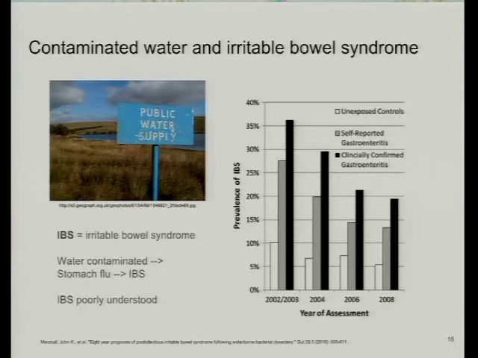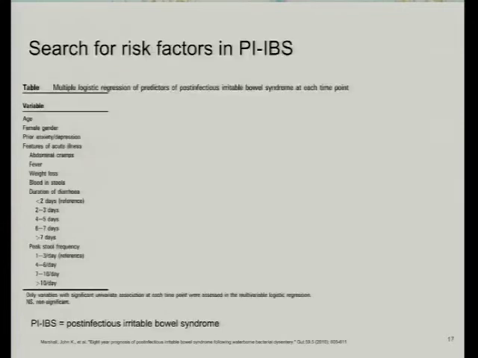Again, I mentioned that at the time, people didn't understand the pathology of IBS so well. And so they took this opportunity to try to find some risk factors for IBS. Some risk factors that they decided to look at were age, gender, anxiety, and certain other acute illnesses or features of acute illnesses.